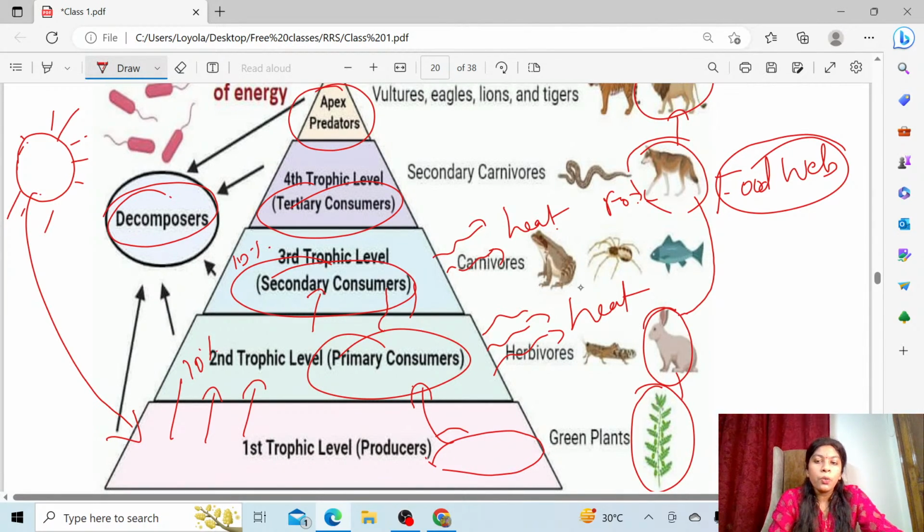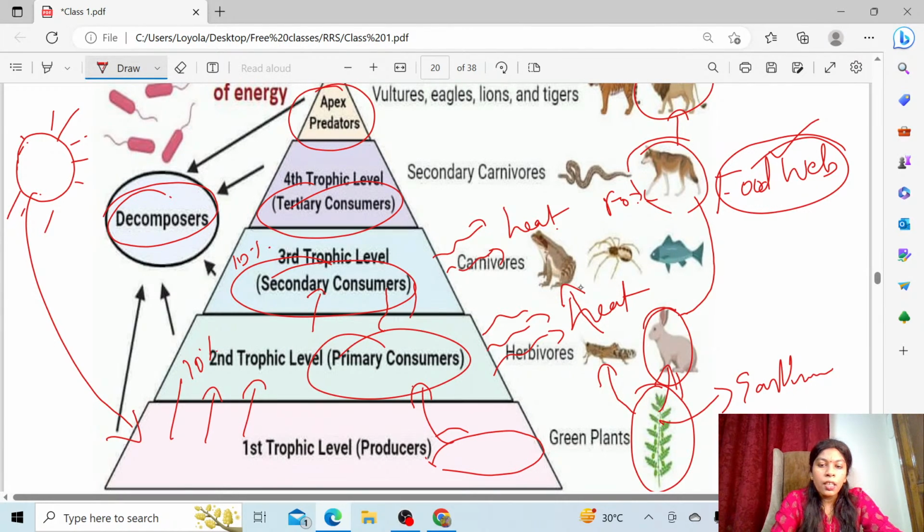And then food web. So far no question has come, but you should know what a food web is. A lot of interconnected food chains is called a food web. For example, take this itself: grass is taken by grasshopper, and grass is taken by rabbit also. If it is dead, it is taken by earthworm also. This way it continues, and this grasshopper is taken by frog.